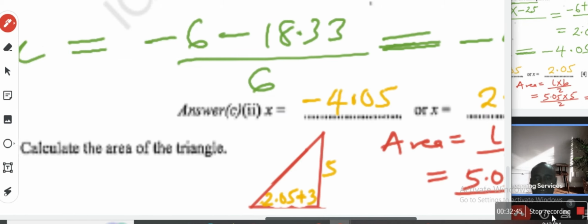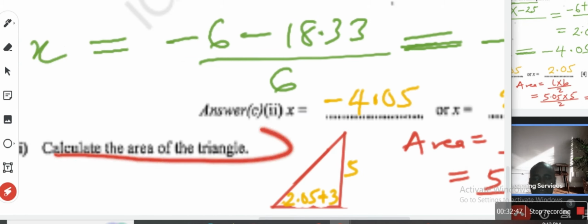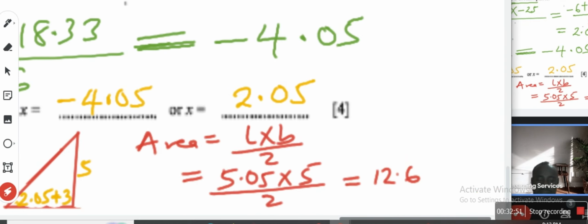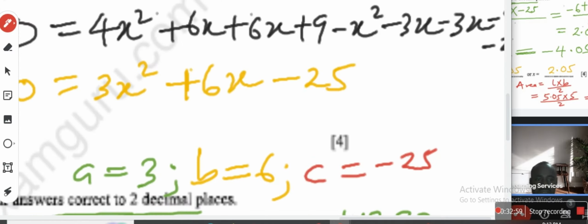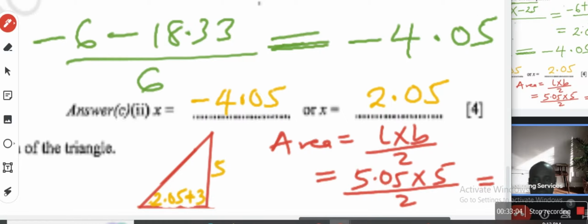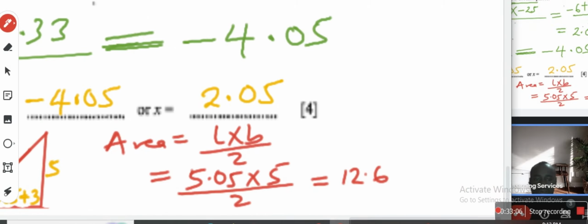If the number of significant figures is not specified, just leave it to 3 significant figures. So 12.6 is fine. The unit is not given, so you can just say 12.6 units squared. Calculate the area, so square units.